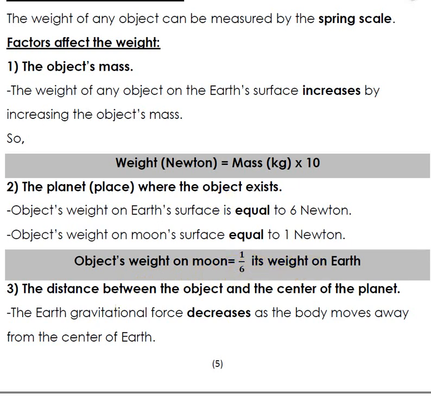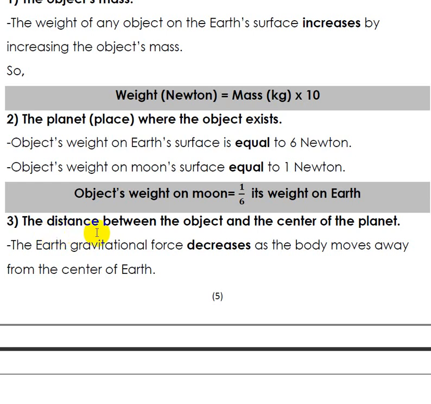For example, if I weigh 600 newtons on Earth, that means my weight on the Moon is 100 newtons. This is the relation: the Moon's weight is 1/6 of the weight on Earth.